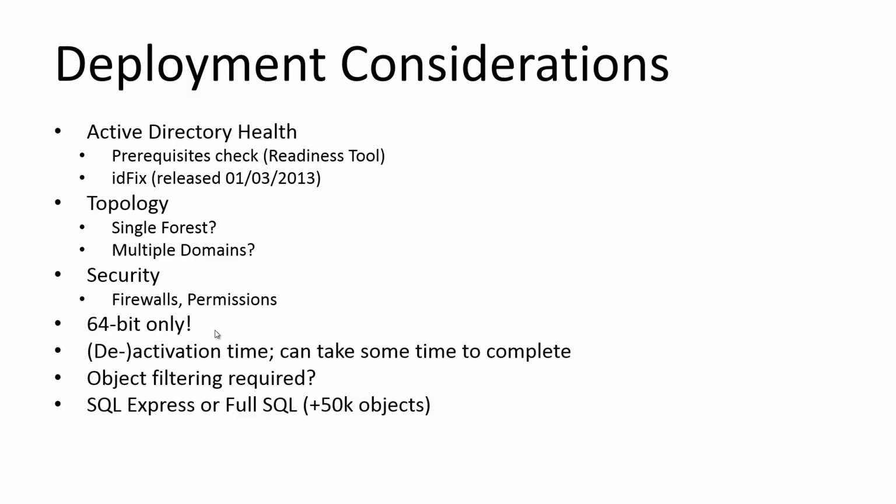But once you go for the larger deployments, let's say more than 50,000 objects to be synchronized with Office 365, the SQL Express database might be too small to keep all the data and to keep a history of all the different synchronization attempts for the past few weeks, which is necessary for troubleshooting if you want to keep them. In such a case, it's a good idea to move to a full SQL server in the back, which requires some more effort during setup, but all in all, is relatively doable.